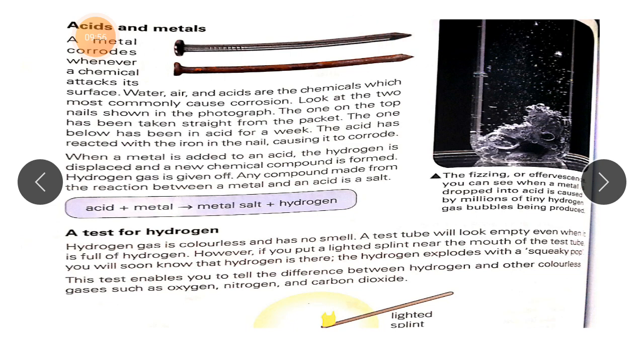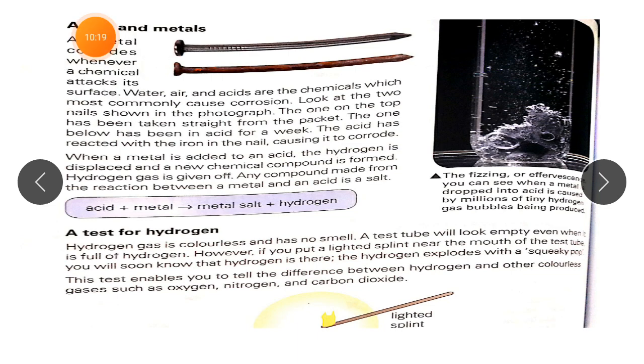This was the acid, because acids attack the metals and acids are more reactive as compared to iron metal.